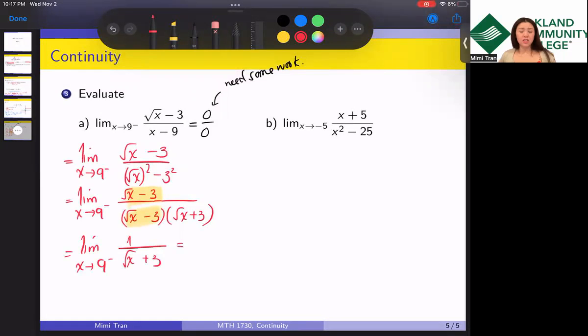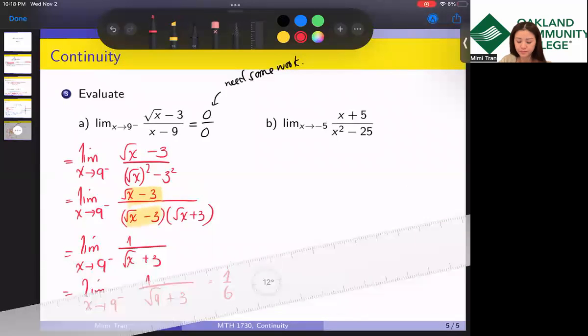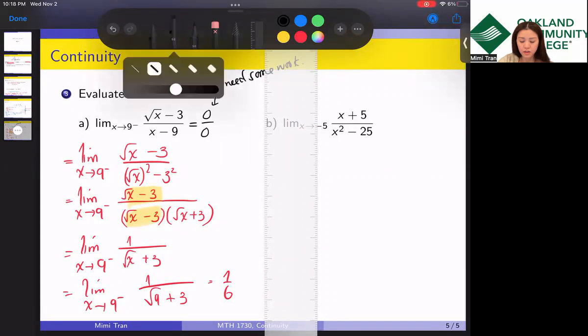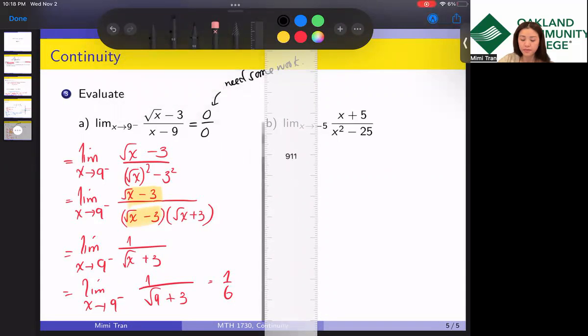Now I'm going to plug in 9 to see what happens. 1 over the square root of 9 plus 3. The square root of 9 is 3, 3 plus 3 is 6, so 1 over 6. And that'll be your final answer.